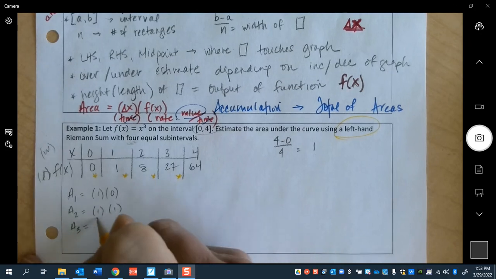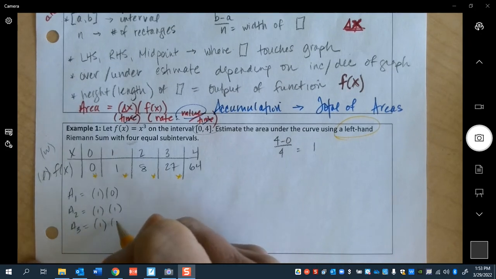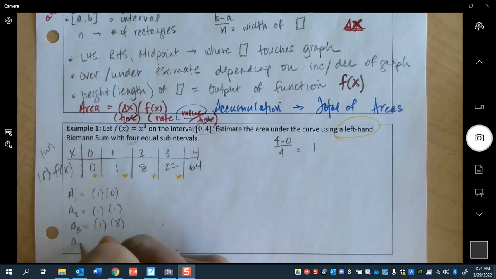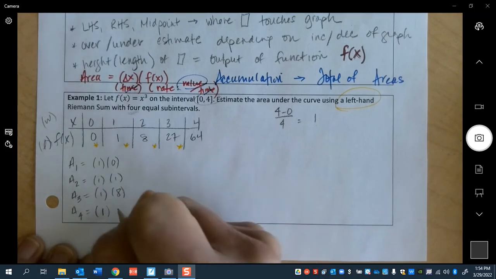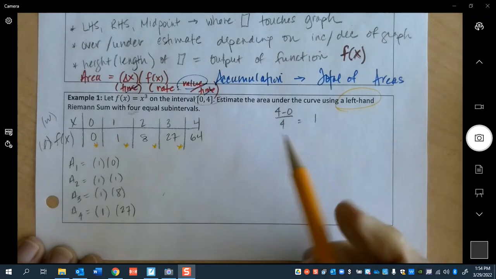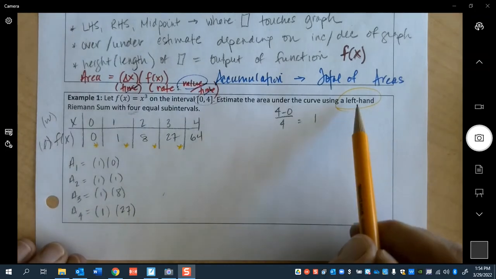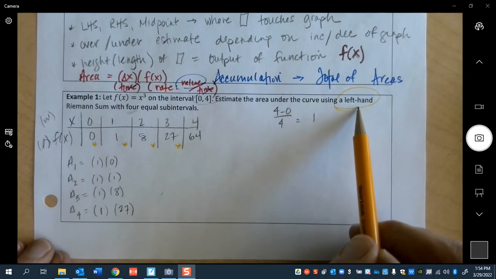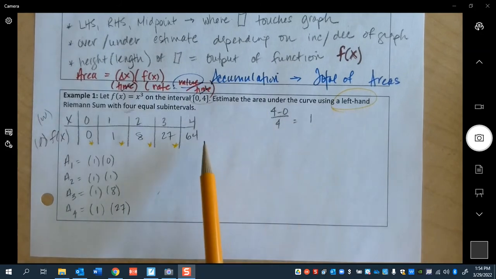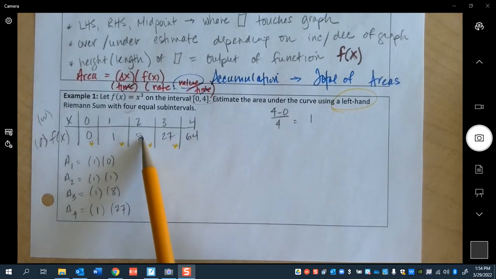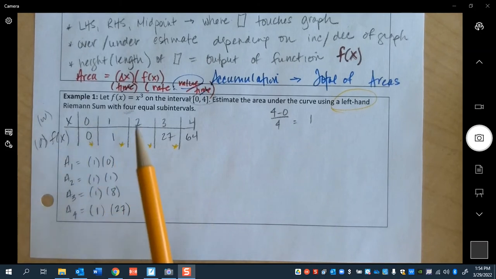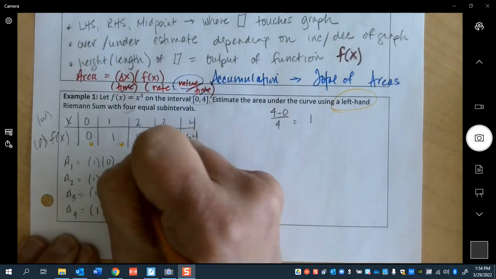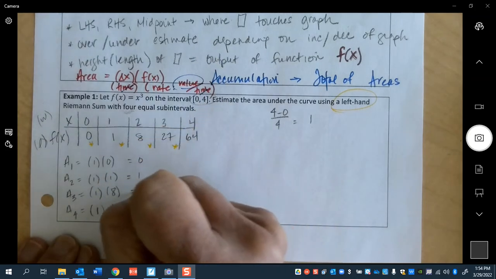Area of rectangle 3, my width, which is 1, times my height. Area of rectangle 4, my width, which is 1, times my height. I'm not going to do 64 because I'm doing the left-hand sum. If I was using a right-hand sum, I would do this, this, this, this, and not my 0.